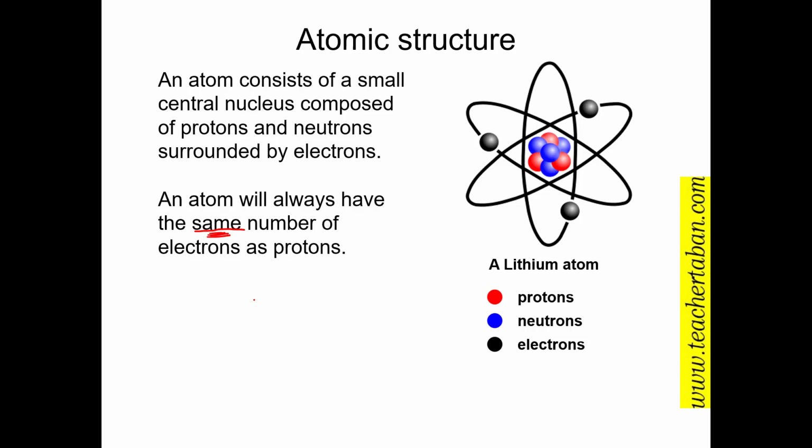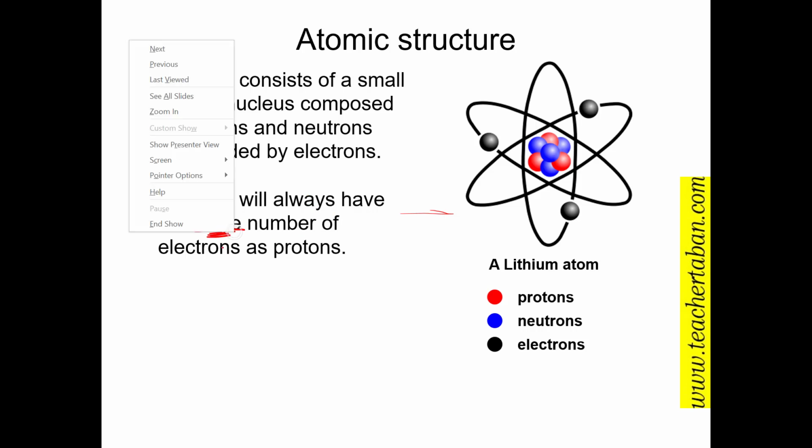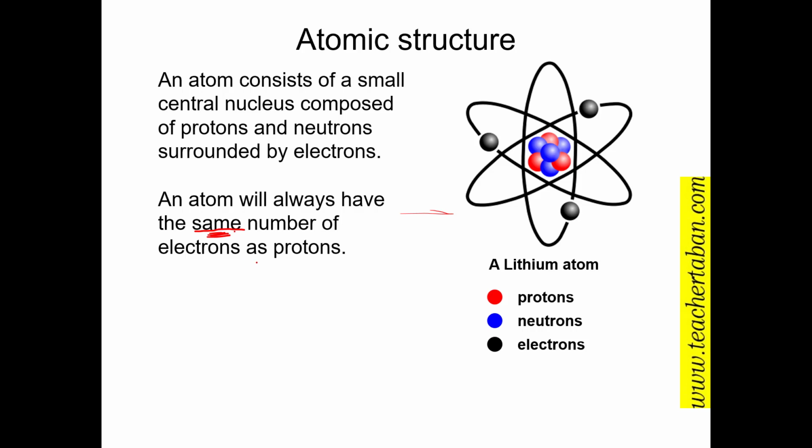In case an atom acquires an electron, then we say that it is negatively charged. Later on, we shall see the charges of each of these. So when an atom is electrically neutral, there are the same number of electrons as protons. In case we say that an atom has 7 electrons, then automatically it means that it has 7 protons. And this is when it is electrically neutral.